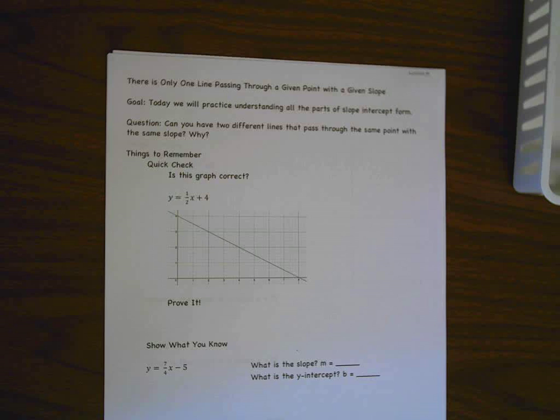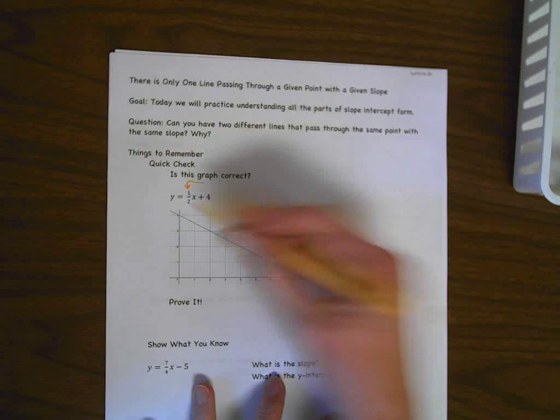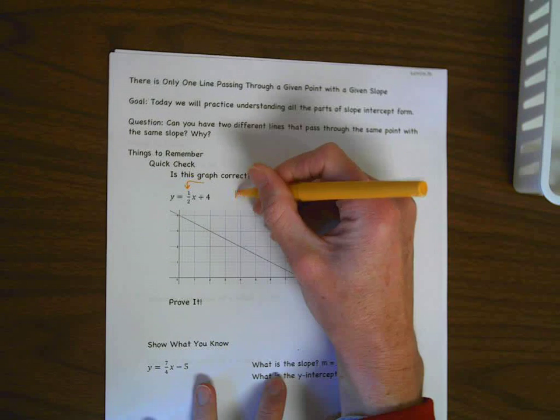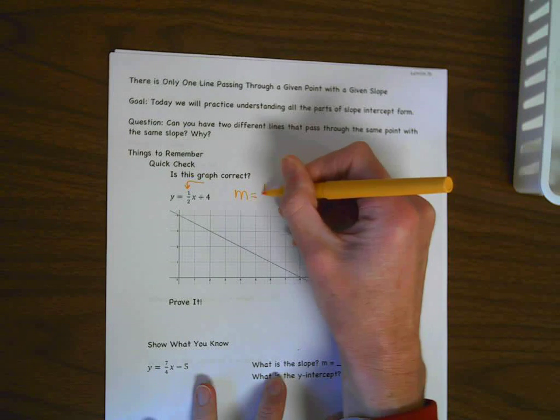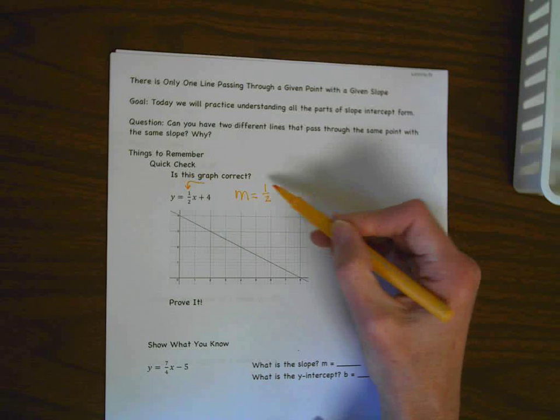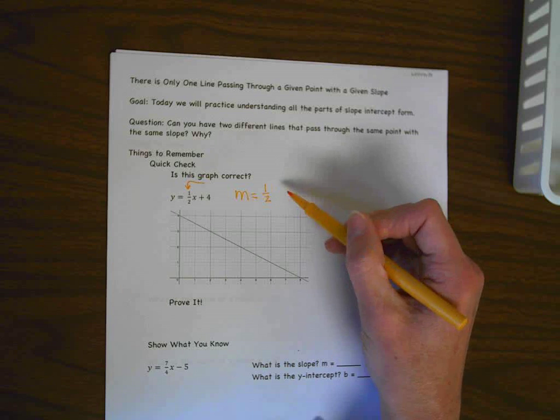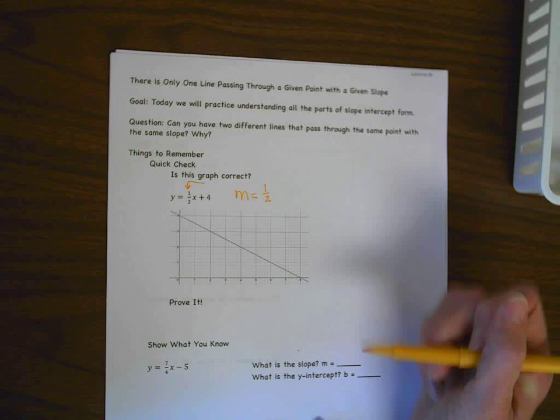So what I'm trying to hint at is, if you look at your slope in slope-intercept form, that means m equals 1/2. Well, if m equals 1/2, that means that you're going up 1 and to the right 2.